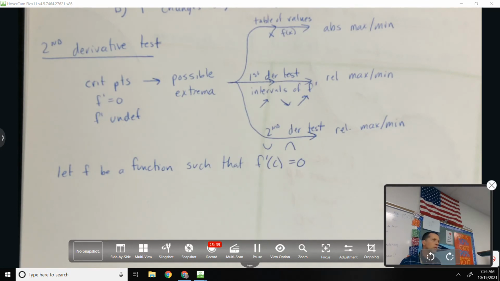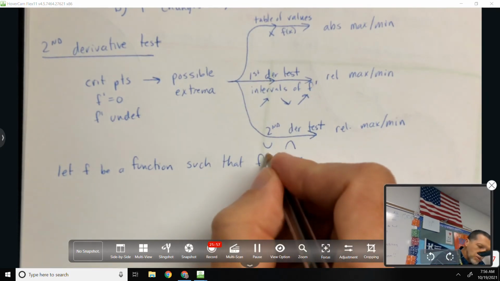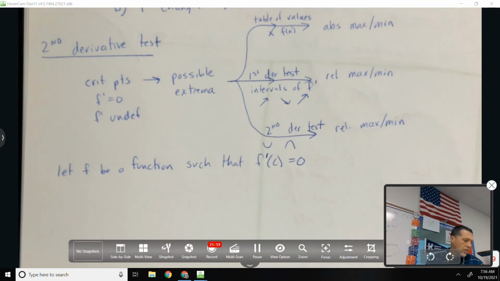Give me some other words that mean that, or pictures with your hands. If f prime is 0, what does that mean? So a horizontal tangent line, it's flat there. It might be a max or a min. So all of those things should be running through our brain when we see f prime equals 0.